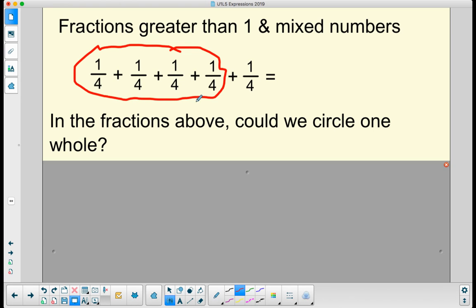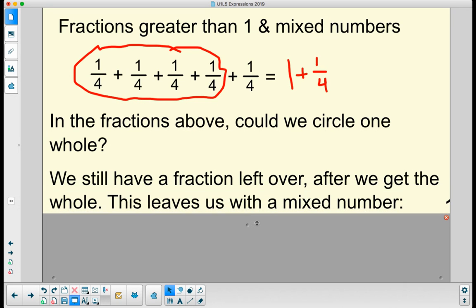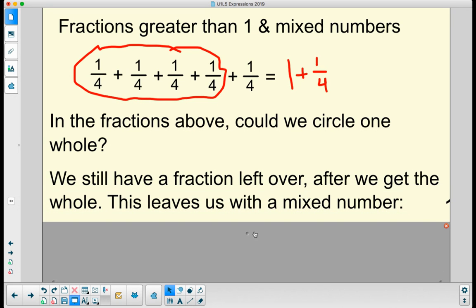So now I have one whole plus another 1/4. So we still have that fraction left over, right? This right here left over after we get the whole.